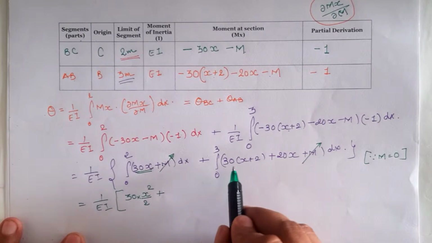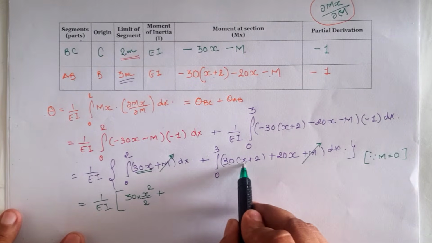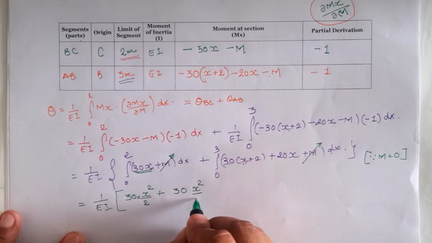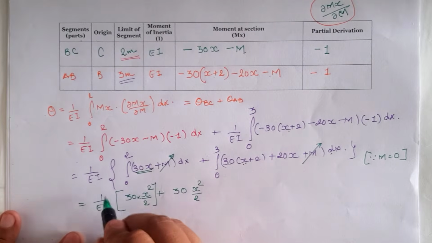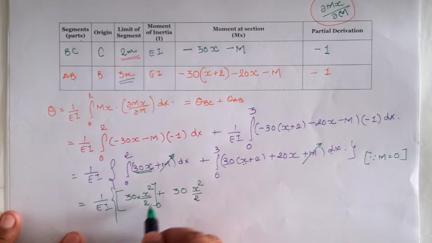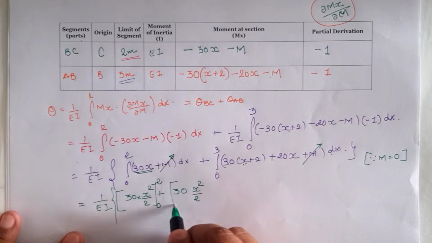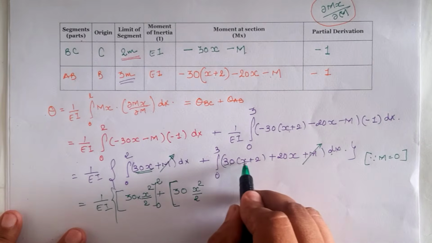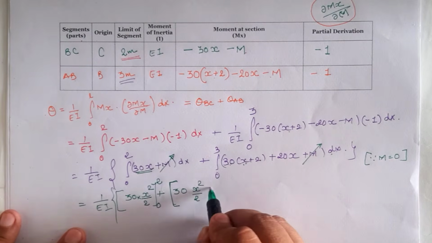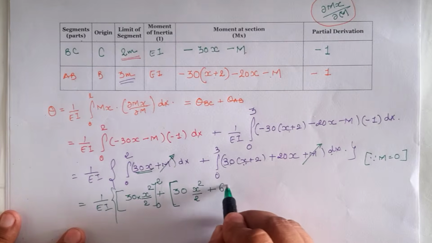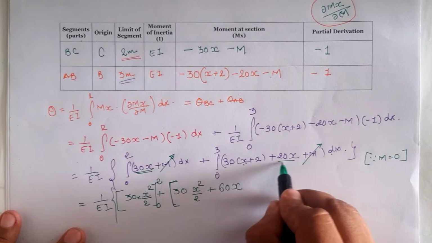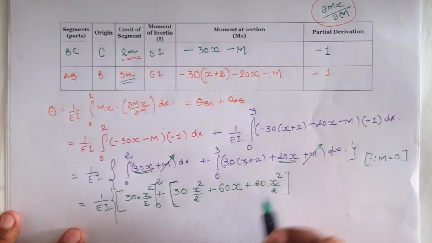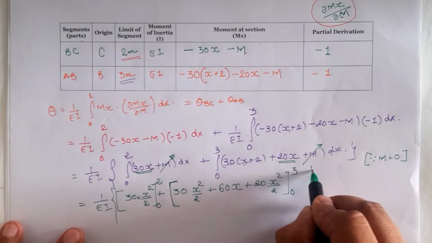Now for the rest term, 30 into (x plus 2), the integration with respect to dx gives 30 x square by 2 plus 60x, and the integration of 20x is 20 x square by 2. The limit for the first term is 0 to 2 and the limit for the rest term is 0 to 3.